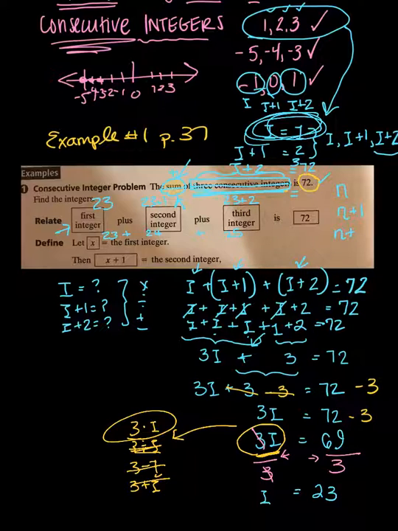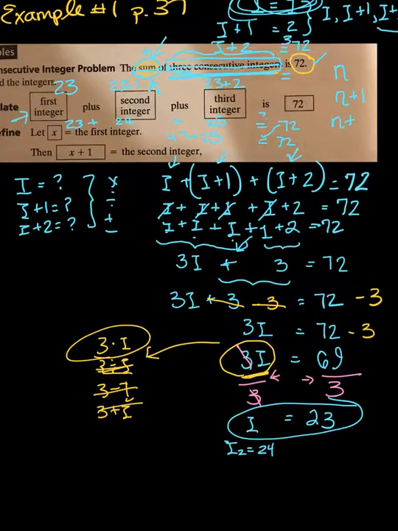Notice how these are back to back. 23, 24, 25. They're counting order. Equals 72. We're checking this, so I'm going to put a question mark here. 23 plus 24 equals 47. And 47 plus 25 does equal 72. So my first integer is 23, and because they're consecutive, I know that I2 equals 24, and I know that I3 is 25.